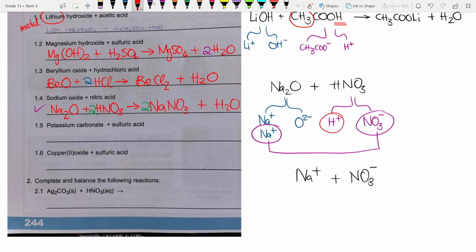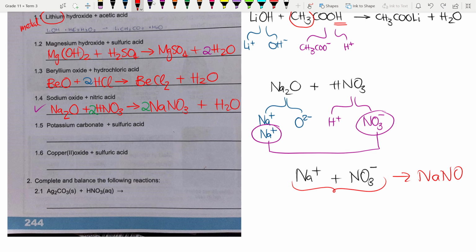That one is the very first element on the periodic table, and it's going to have a plus. So NO3 ions will have just 1 minus. So now I need to combine Na plus and NO3 minus, so they become NaNO3. No 2 in between. Does that make sense why we don't have 2 there?